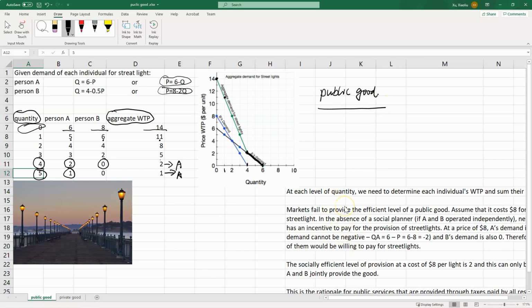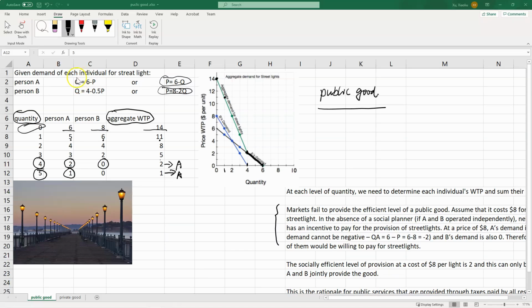And why do we say that the public good may lead to market failure? See this paragraph for more explanation. For example, if the price of street light is 8, then A would demand 0, because Q equal to 6 minus 8 would be minus 2, but the quantity would not be negative.